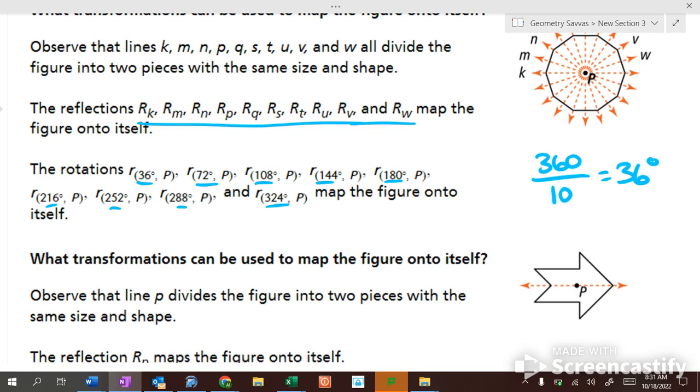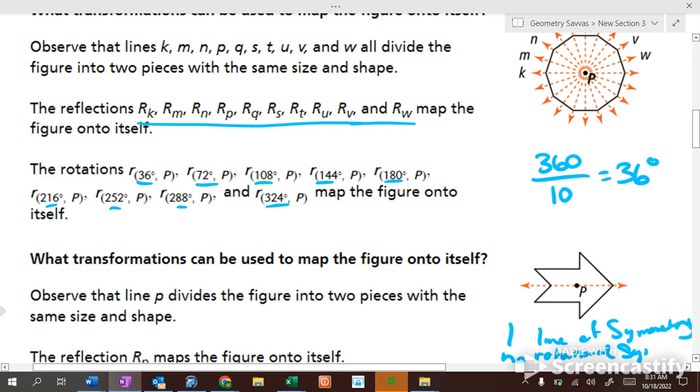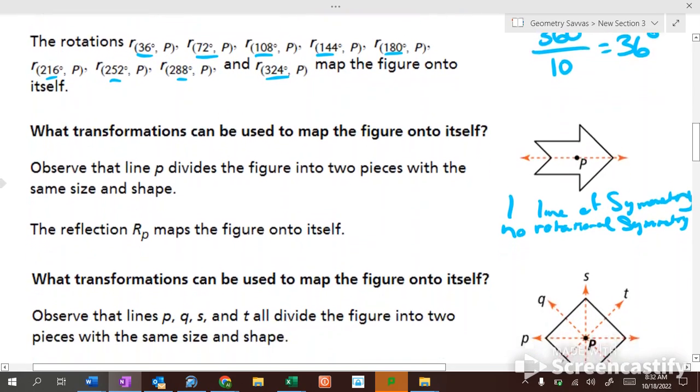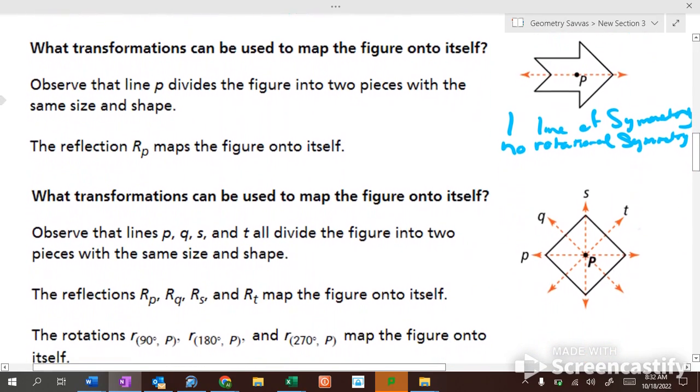And the answer is no. When you rotate it, it's not on top of itself until you get back to the start again. So it's one line of symmetry and no rotational symmetry.